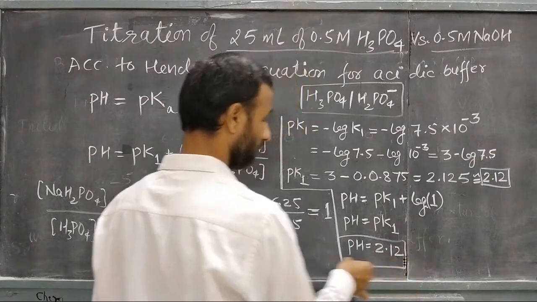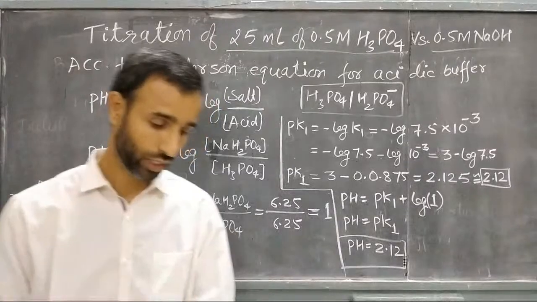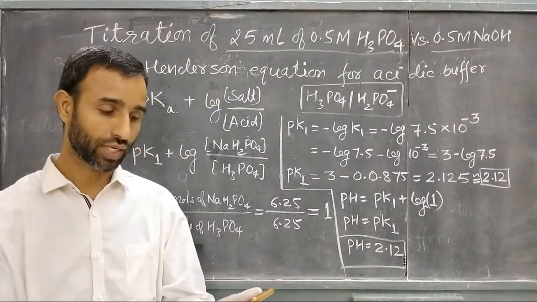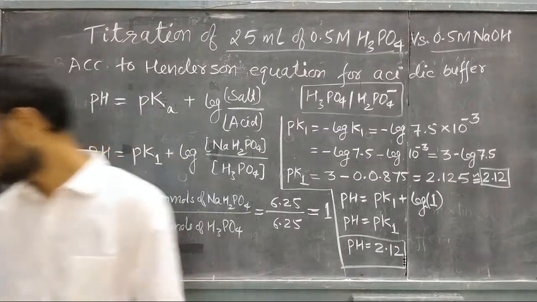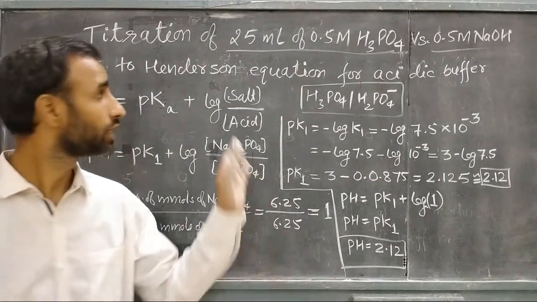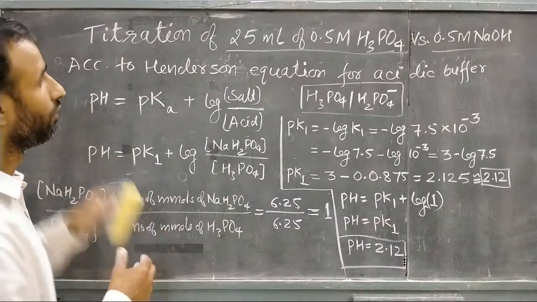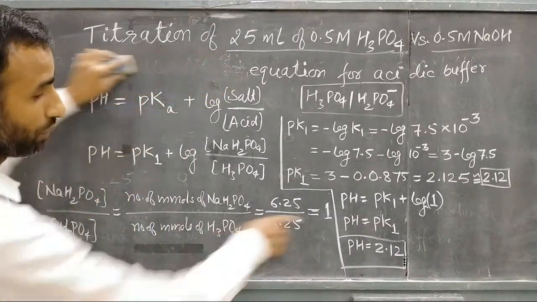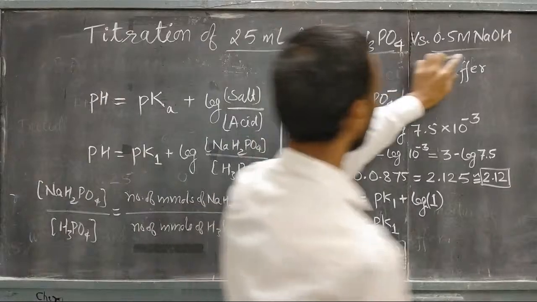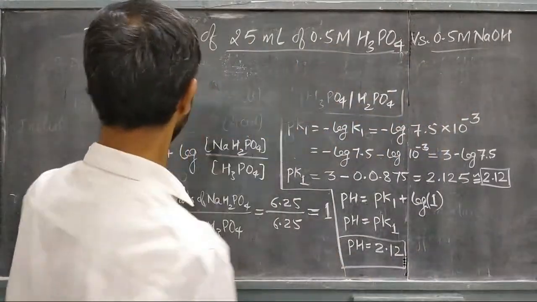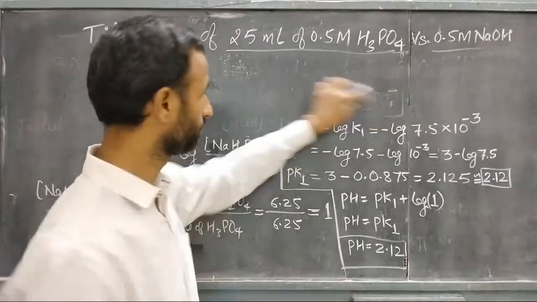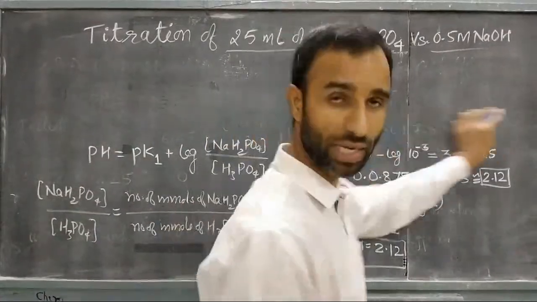So this is the answer. Okay, very good. Log 1 is 0, right? So this is the pH when we add 12.5 ml of 0.5 molar sodium hydroxide.